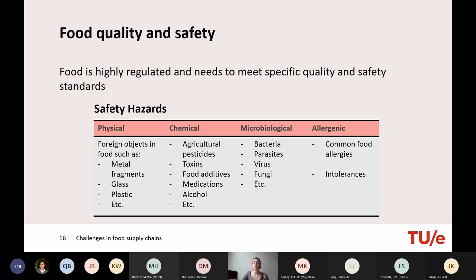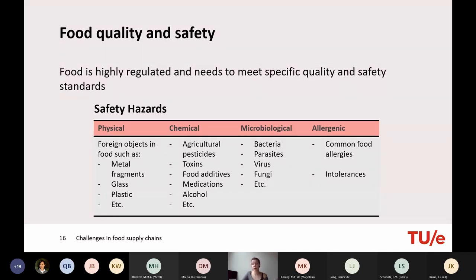At the same time, there could be chemical safety hazards, such as agricultural pesticides, toxins, food additives, medications, and alcohol that we do not want in our food, but there may be traces of it in many products.